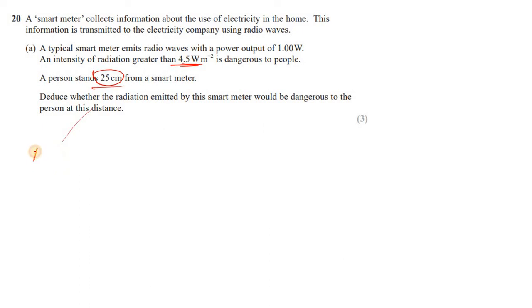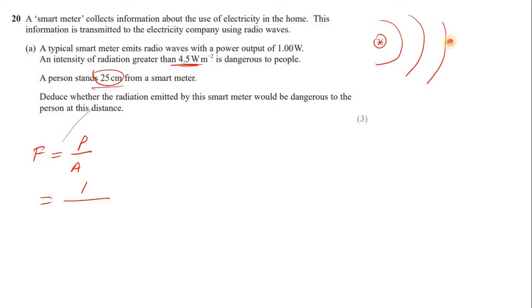So flux, F is a symbol generally we use, or you can use I as well. F is equal to power divided by area. So power is 1 divided by area. So the person is standing 25 centimeter from the source. So this is the source of radiation, and it is emitting in the form of a sphere, that's what we assume.